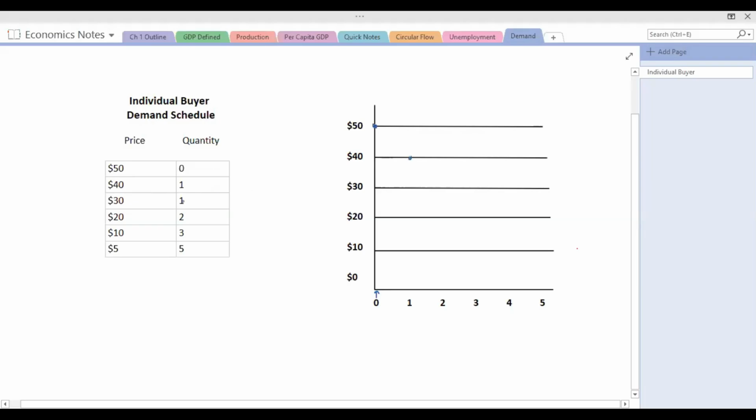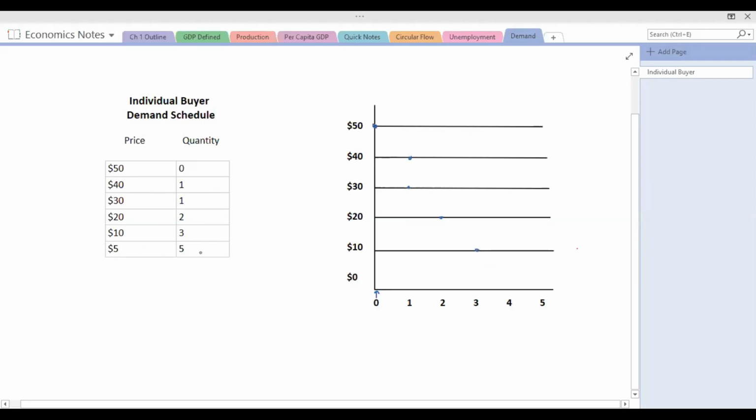At $30, the price is still low. The consumer is going to be willing to buy one product. At $20, you can see the price is going down lower, so the consumer is going to be willing to buy two products. At $10, which is a much lower price, the consumer is going to be willing to buy three products because the price is lower.